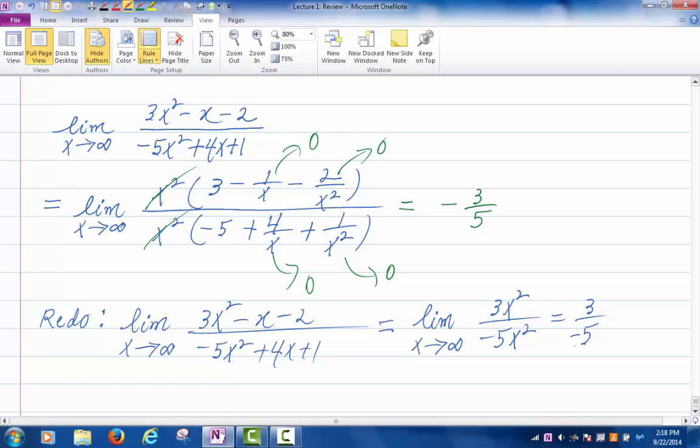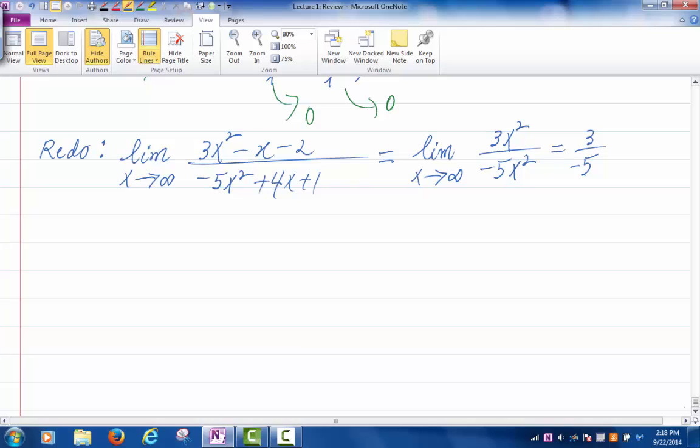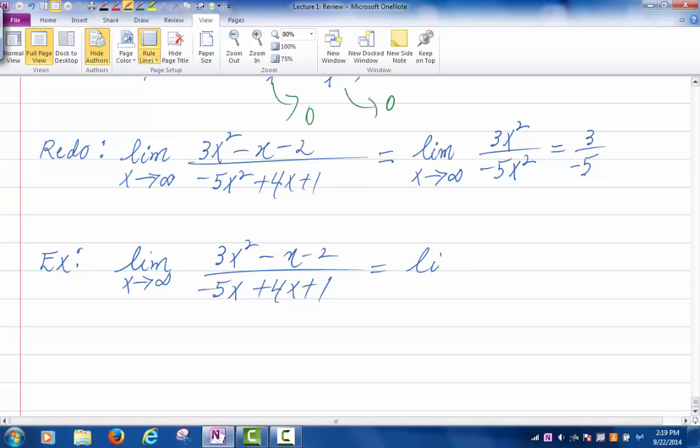What would be the limit? Yeah, okay, so let's do an example like that. Let's say I have the limit as x goes to infinity of 3x squared minus x minus 2 over negative 5x plus 4x plus 1. This will be the same as the limit as x goes to infinity of 3x squared over negative 5x.